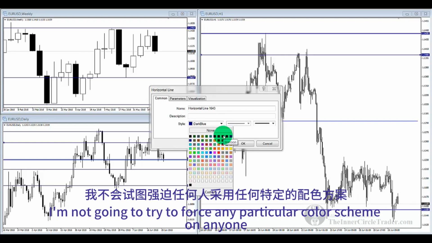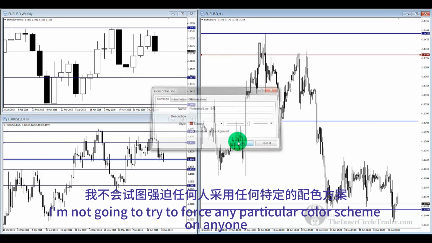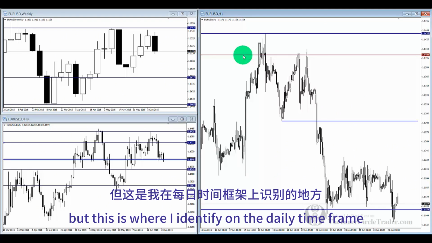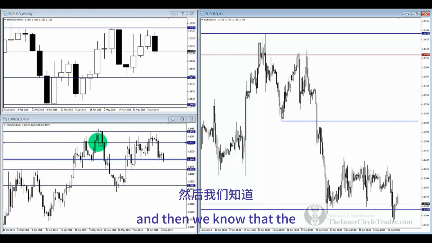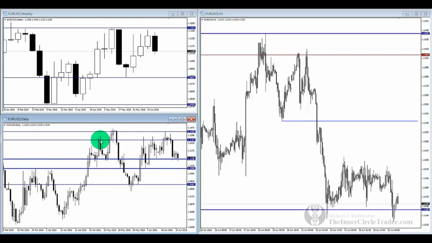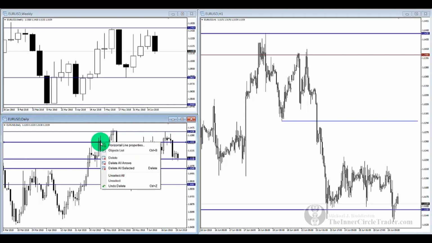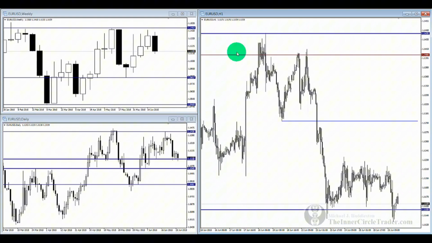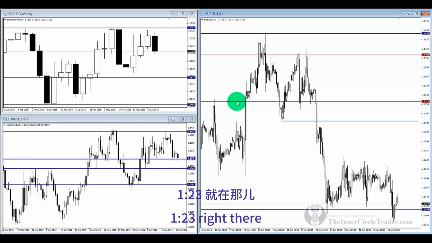I'm not going to try to force any particular color scheme on anyone, but this is where I identify on the daily time frame where the order block would be up here, and then we would see the low at 113.23 right there.